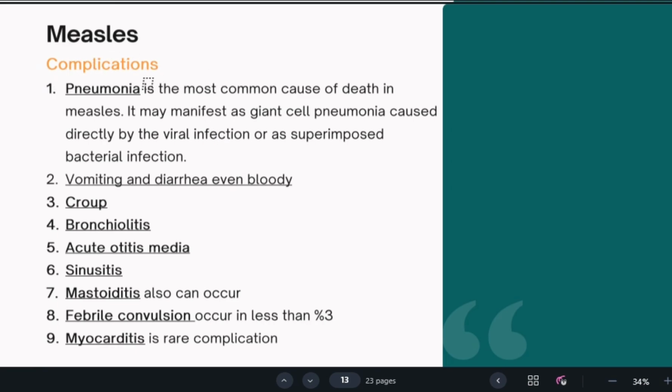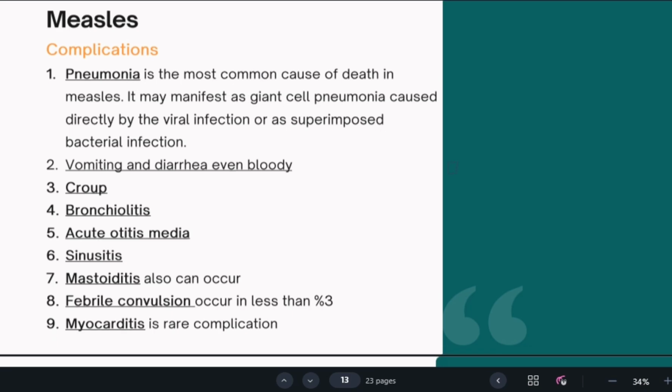Very important complications. Pneumonia is the most common cause of death in measles. It may manifest as giant cell pneumonia caused directly by the viral infection, or superimposed bacterial infection.